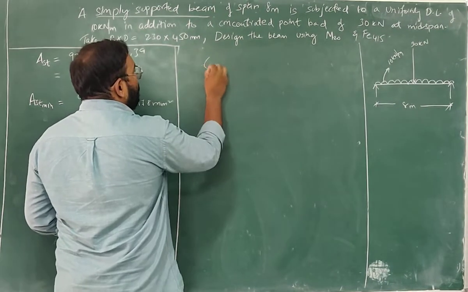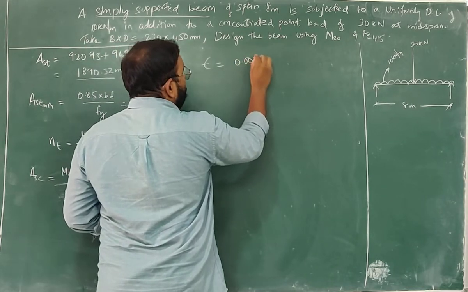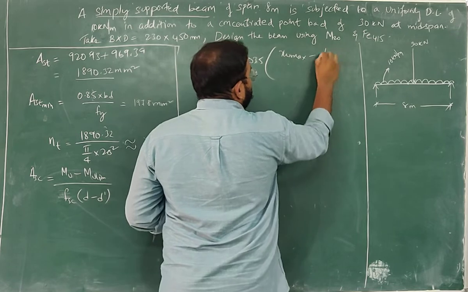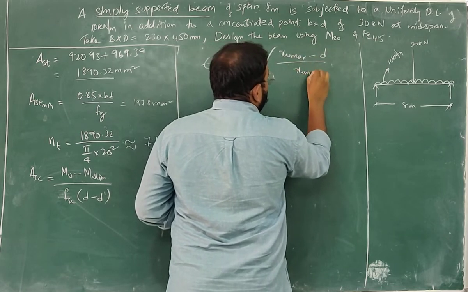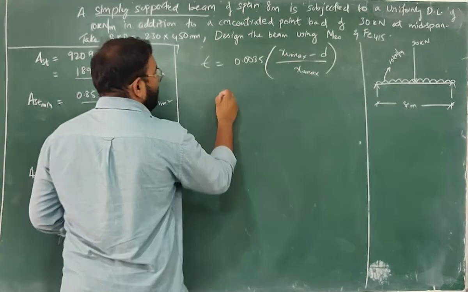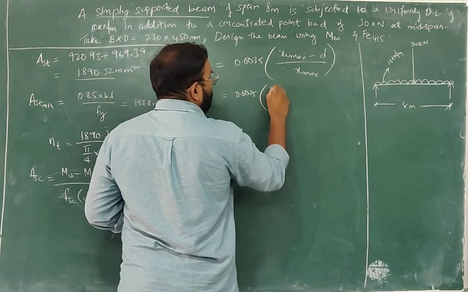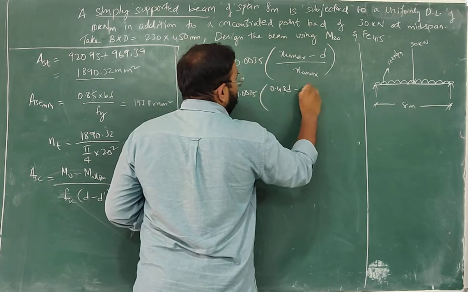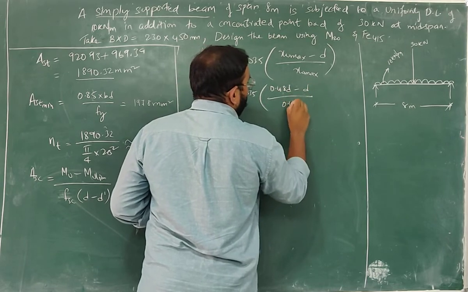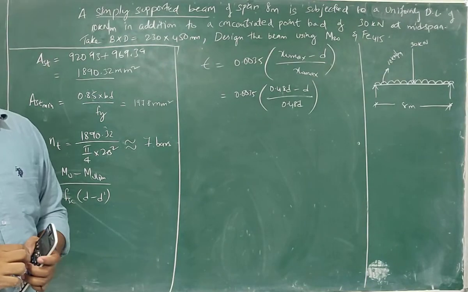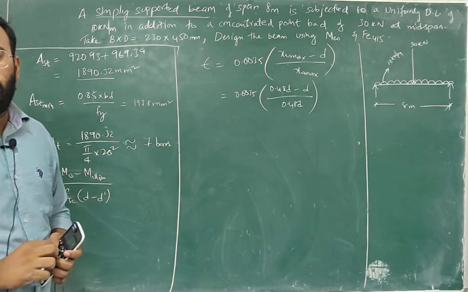So what is the value for that strain? 0.0035 multiplied by Xu max minus d dash by Xu max. So we'll substitute 0.0035 into 0.48 d minus d dash by 0.48 d. Xu max is 0.48 d for Fe 415 grade.